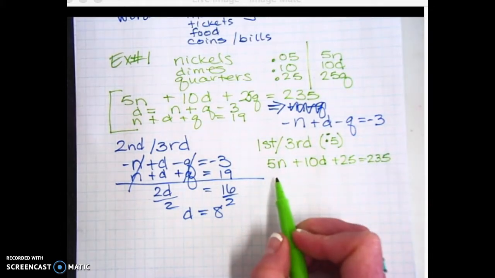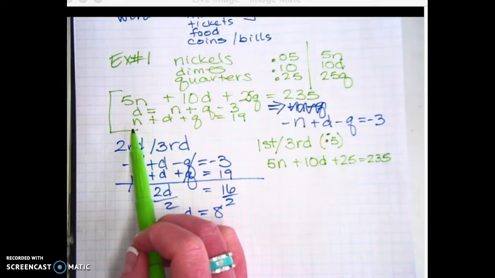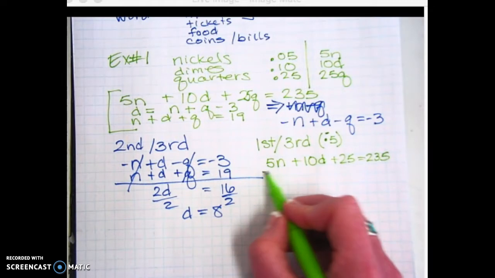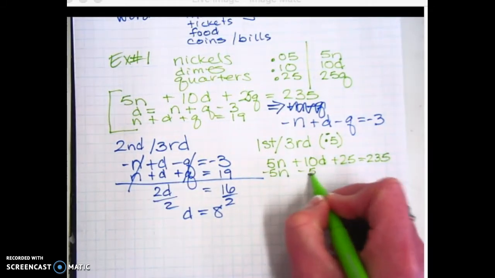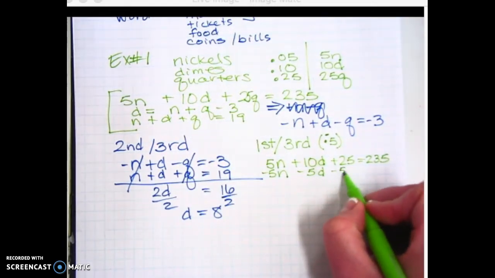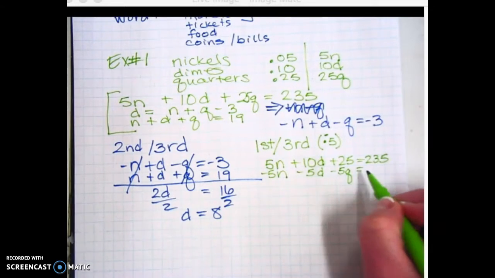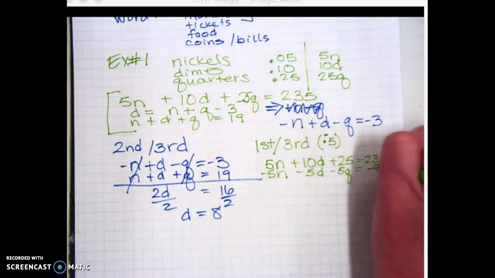And then underneath it, we're going to multiply by negative 5. So negative 5 times n is negative 5n. Negative 5 times d is negative 5d. And negative 5 times q is negative 5q. And then negative 5 times 19 is negative 95.